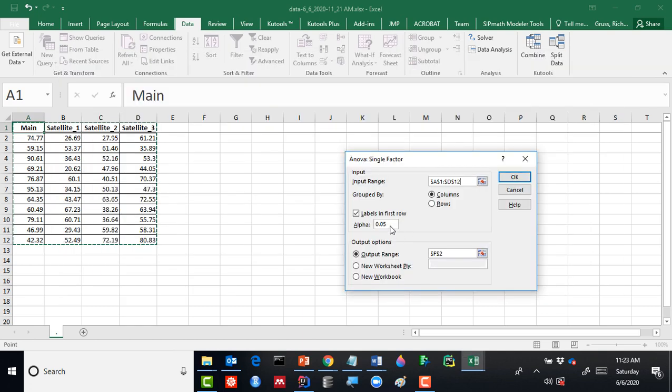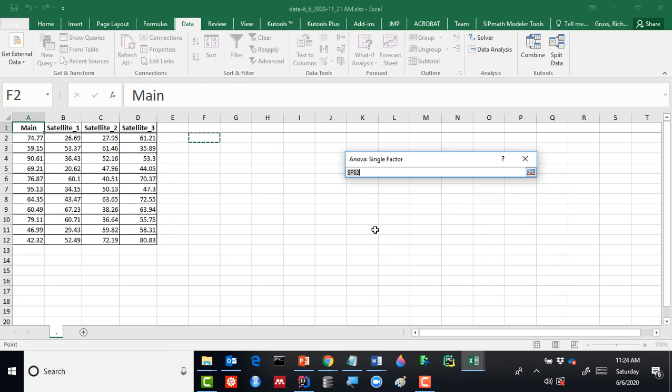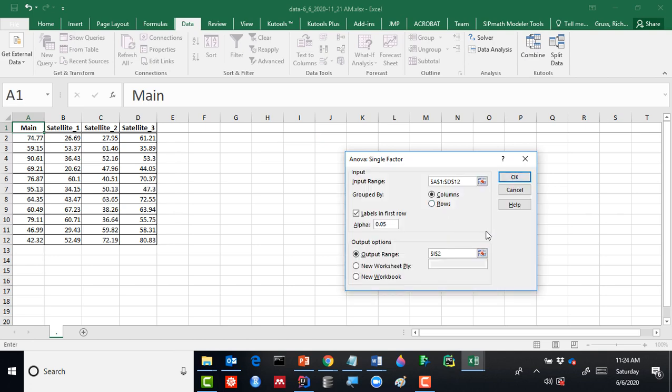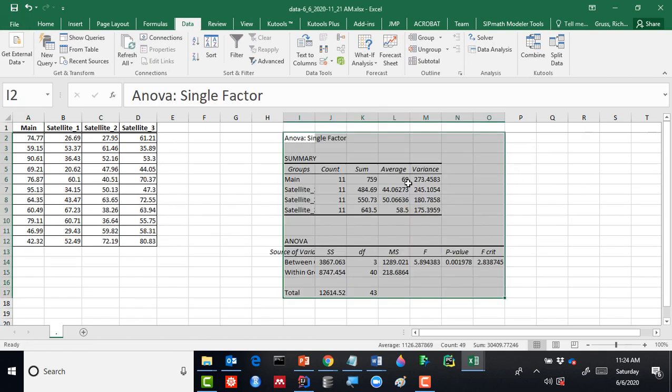The question asked us to assume a 5% level of significance, and the labels are in the first row. Ordinarily I just put this output in a separate sheet, but I'll show you later there's a reason to want to refer to it for these follow-on analyses, so I'll put it there.